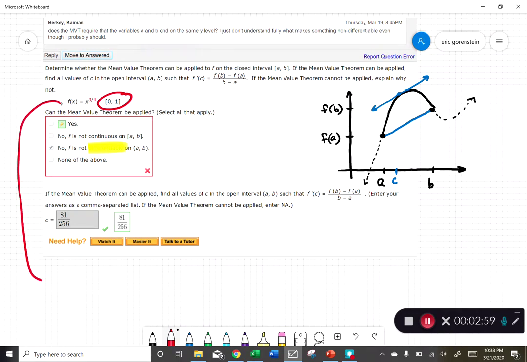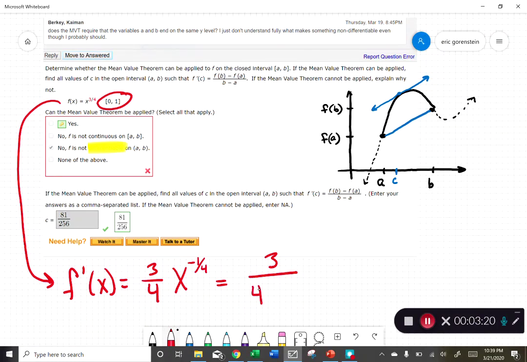If we bring this down here, f prime of x equals, according to the power rule, 3/4 x to the negative 1/4 power, or we could write that as 3 over 4x to the 1/4. Okay, so that's the derivative.